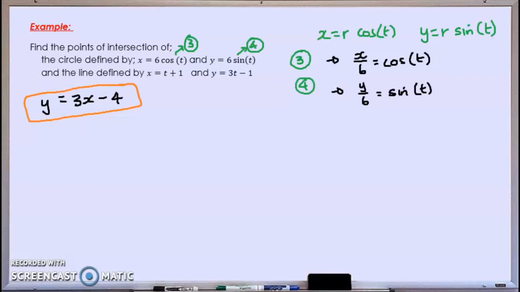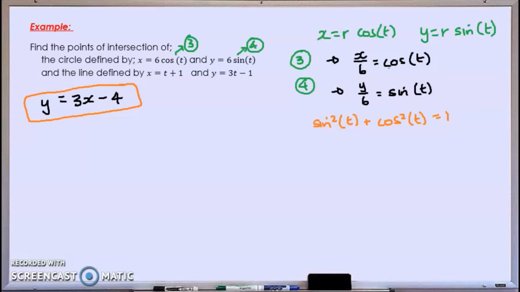Now, we have a Pythagorean identity that says sin squared t plus cos squared t equals 1. And this is what we're going to aim for, to try and combine these two equations and eliminate my t's.